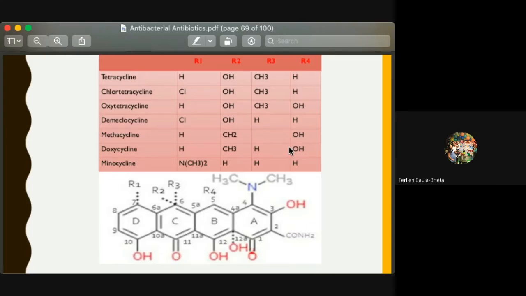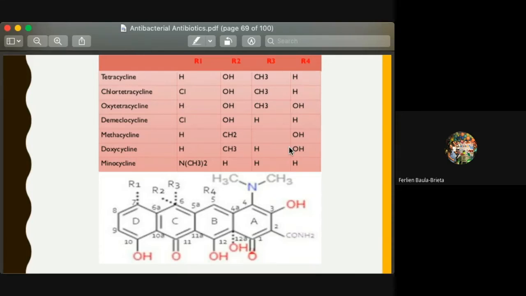So tetracycline versus demeclocycline, they have a different parent or pharmacophore right now because it has no methyl. So it still has the hydroxyl in R2, but it has no methyl, and it has chlorine in R1.